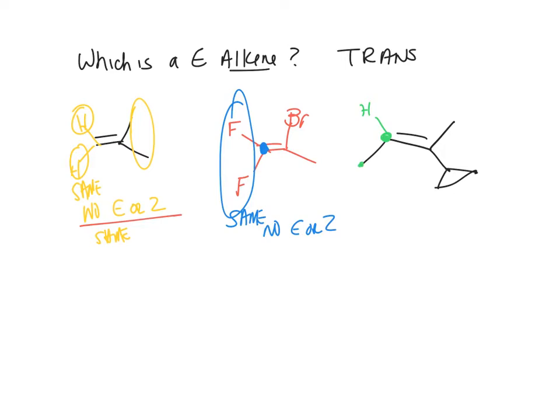Which one has a higher atomic number? The carbon. So this gets a 1, and this gets a 2. Then you go to the next carbon, and you have a carbon versus a carbon. Well, those are the same. So then this one's connected to another carbon, another carbon. So this would have a higher atomic number. It's the same concept as what you did when we were doing this before.